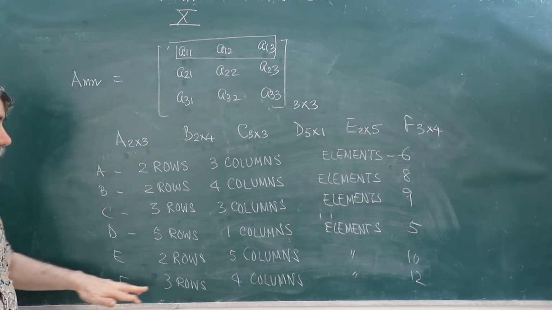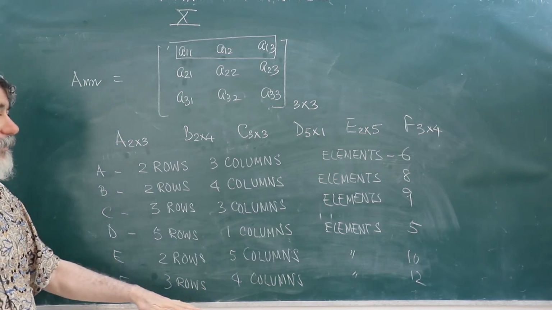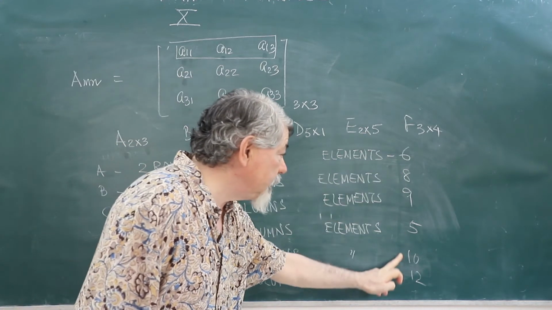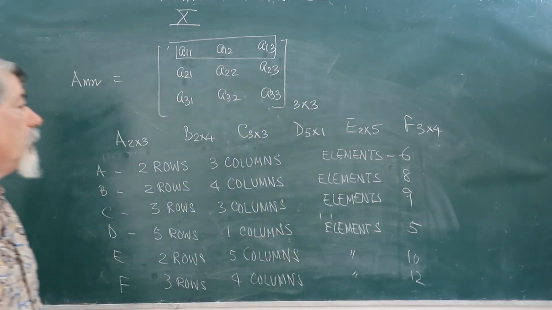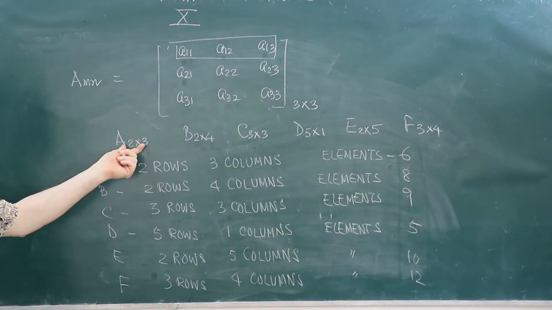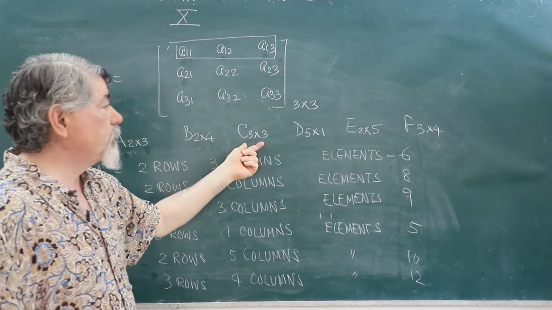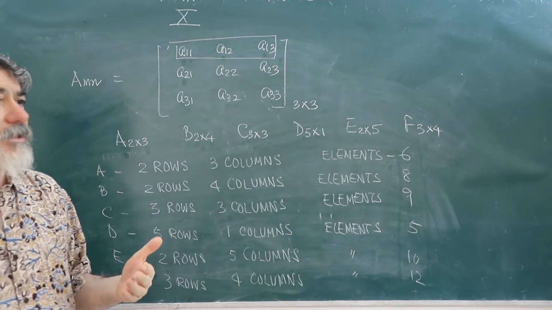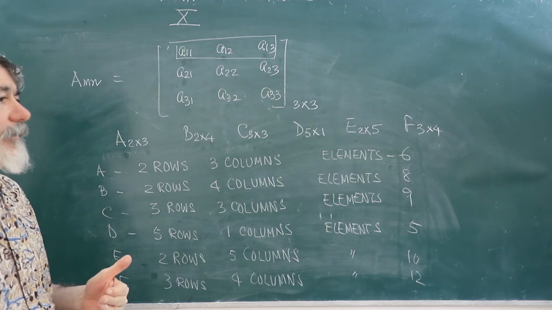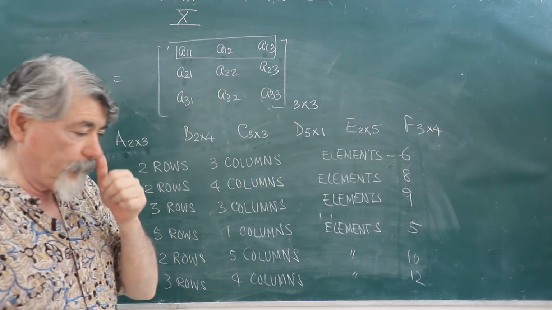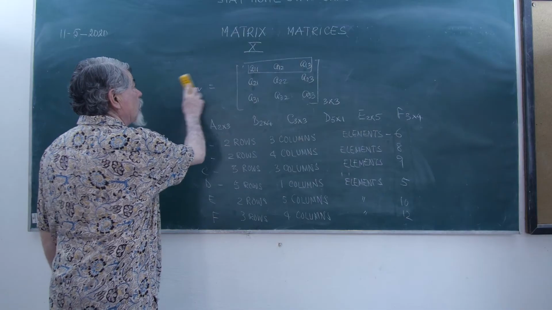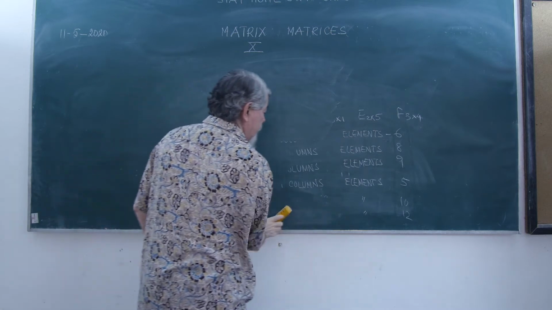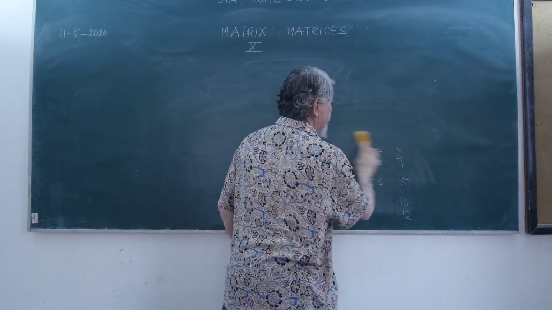Similarly, F has 3 rows and 4 columns and 12 elements, but the order of the matrix is 3 into 4. The order of the matrix is 2 into 3, 2 into 4, 3 into 3, 5 into 1, 2 into 5 and 3 into 4, because the order clearly gives us the number of rows into number of columns. This was about the definition of matrix, the order of matrix, and the elements of the matrix.